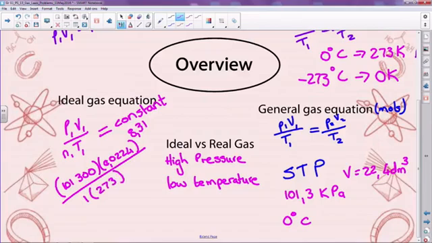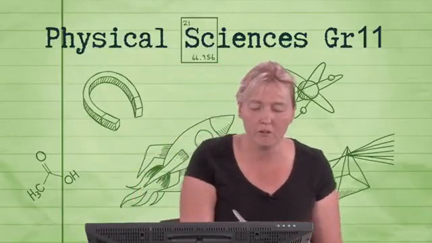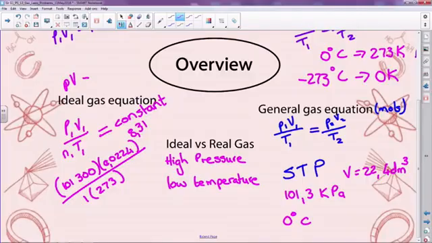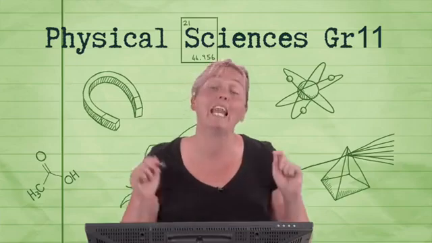If you put those numbers into a calculator, you will see that the value we come up with is 8,31, and that is our constant for our ideal gas equation. And our ideal gas equation is PV equals nRT, and R is our 8,31 value. Okay, so that's a quick recap of what we did last week.